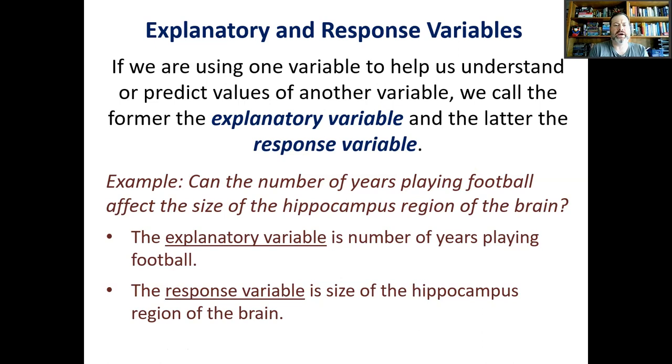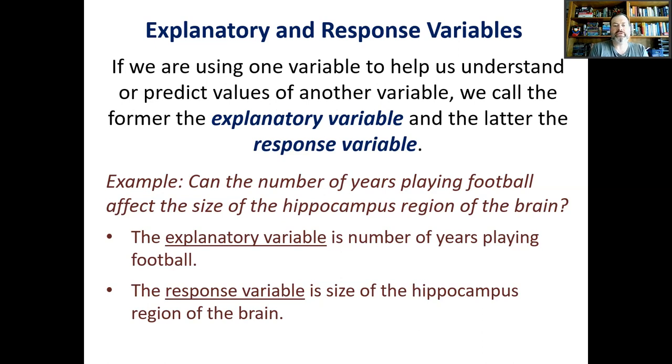So here's an example at the bottom. Can the number of years playing football affect the size of the hippocampus region of the brain? So notice that's like a statistical question, and you could use data to answer that question. So we're trying to use one of the variables to predict or understand the other one.